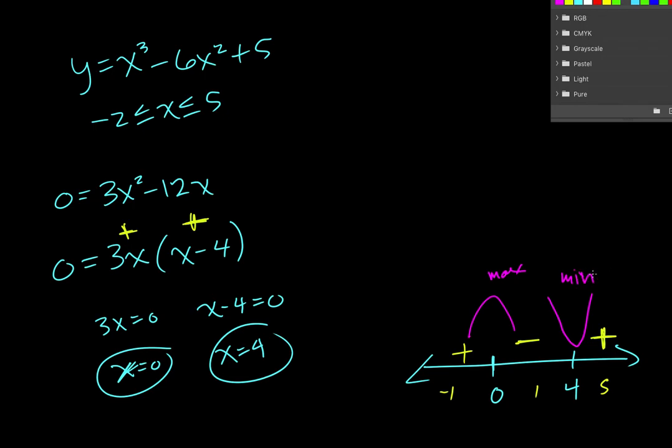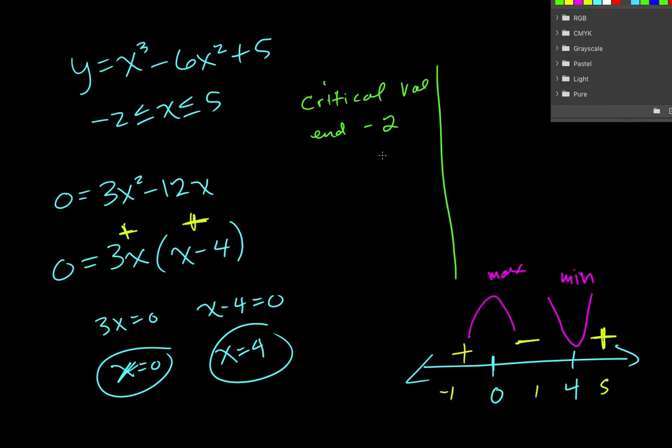All right. Now, we also need to test these, see how high or low they are. And so what we're going to do is, these are called critical values. So we have an endpoint at -2.